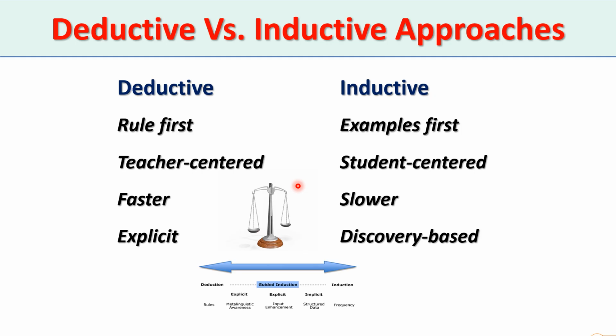It is also called teacher-centered because the teacher speaks too much. Also, in the deductive approach, the teacher can go faster because the teacher can explain to the whole class.